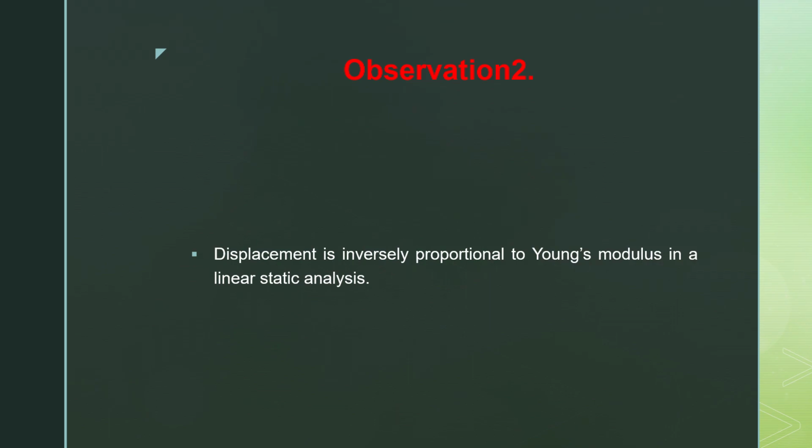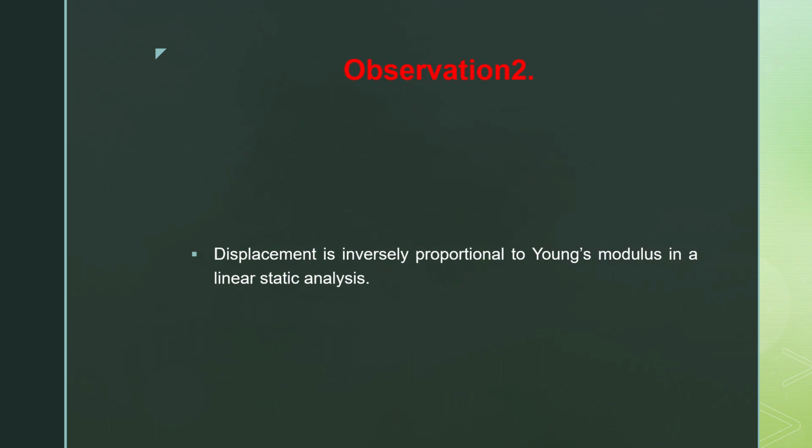Observation 2: displacement is inversely proportional to the Young's modulus. As you increase the Young's modulus, the displacement will go on decreasing. This is expected because in any linear structure, the stiffness is directly proportional to the Young's modulus, and the displacement is inversely proportional to the stiffness.